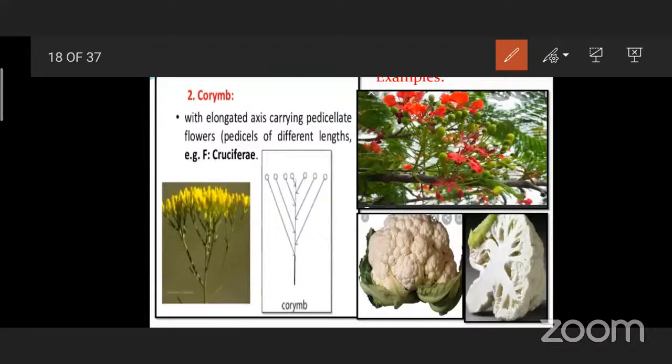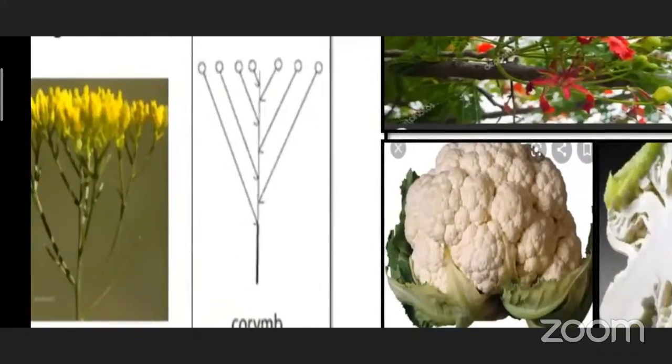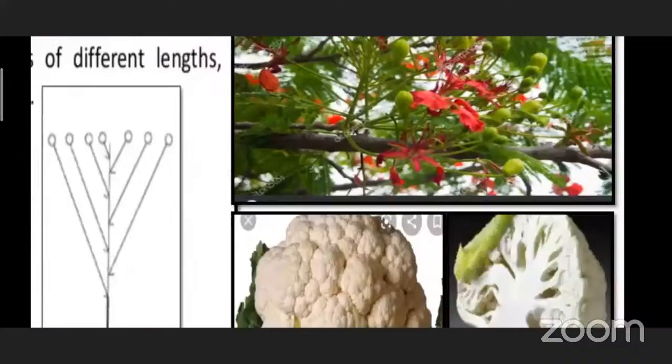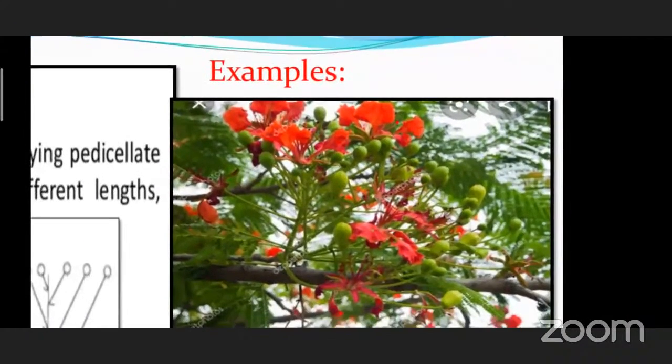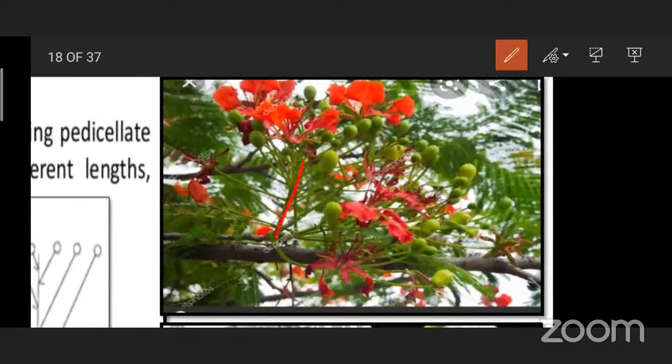See here, this is Cassia. Elongated axis carrying pedicellate flowers. These pedicels are of different lengths.